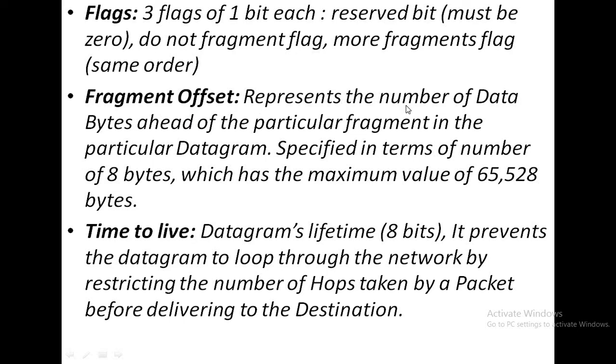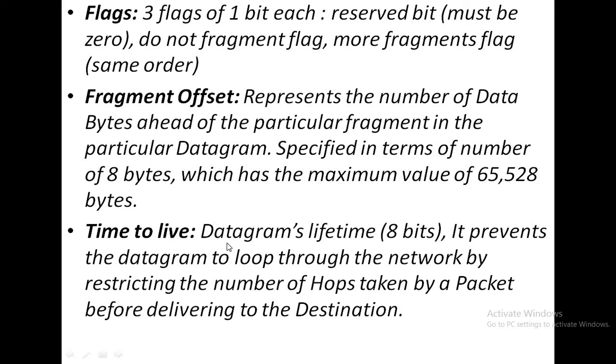It represents the number of data bytes ahead of the particular fragment in the particular datagram, specified in terms of number of 8 bytes, which has the maximum value of 65528 bytes.